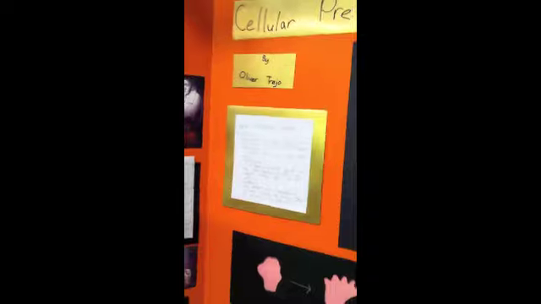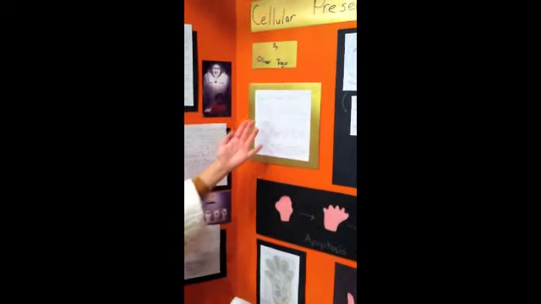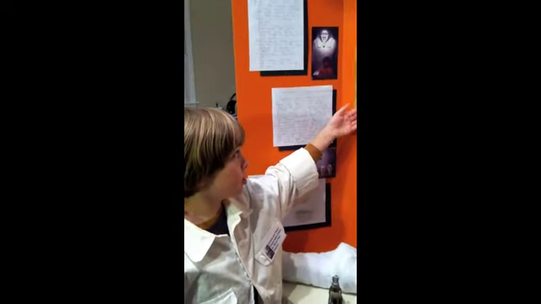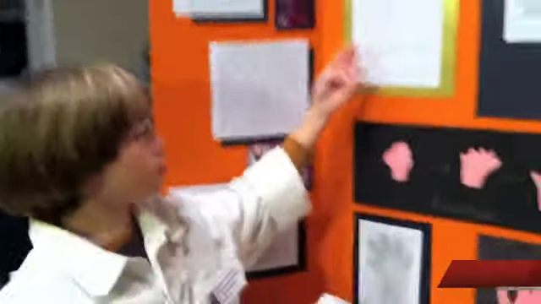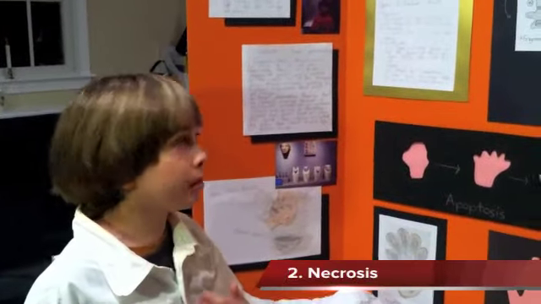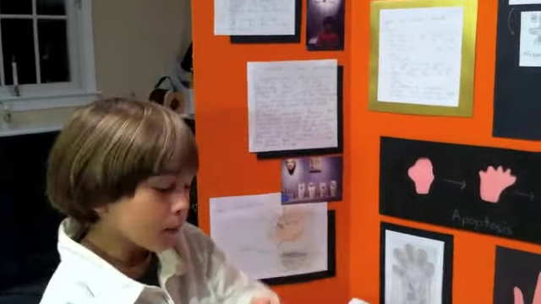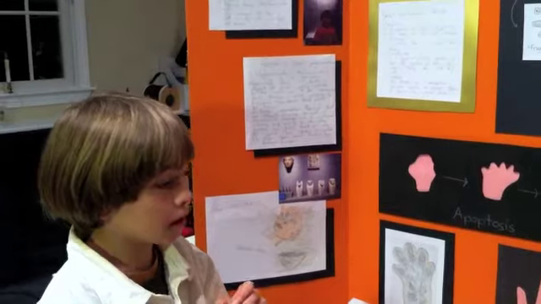To continue about cellular death, there are three more types of cellular death: necrosis, cornification, and entosis. Necrosis is when the cell dies from injury, like when you cut your hand, like a paper cut, say. The cells that you just cut open are dead.